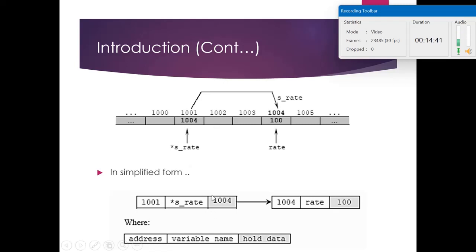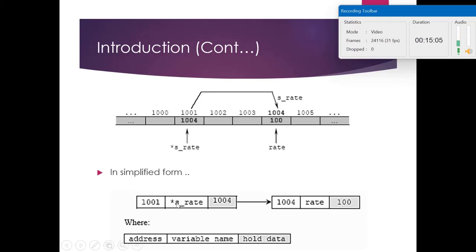Clear? Here we say s_rate has to keep the memory address of the rate variable. Therefore, we say the s_rate variable is pointing to the rate variable.